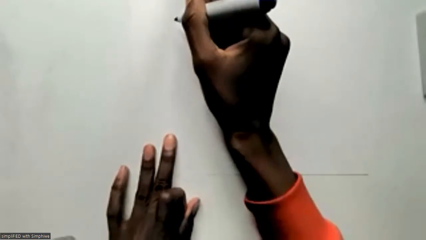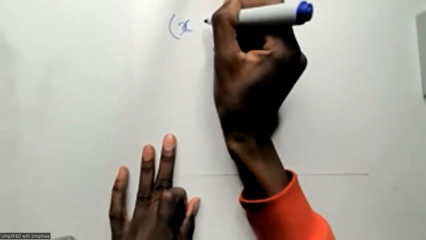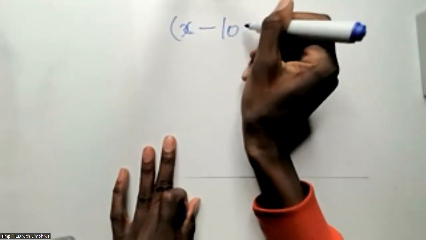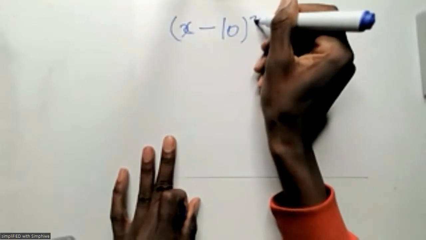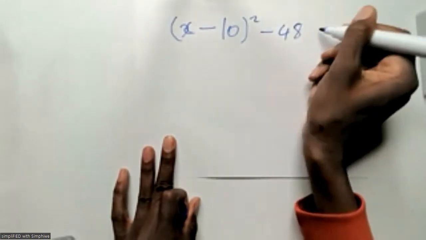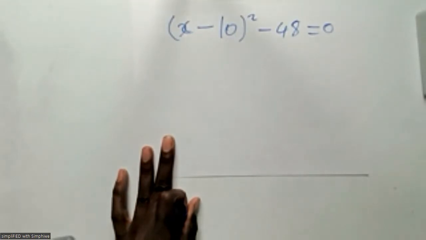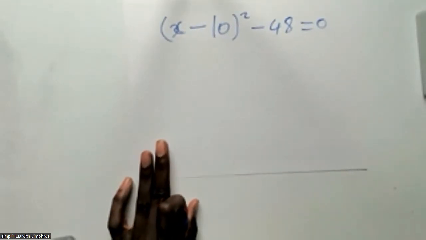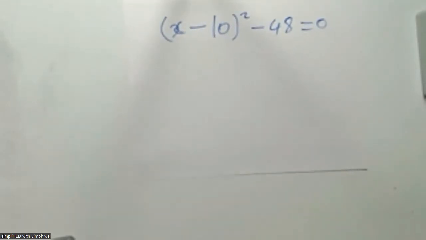Let's move on to the next question. The next question we have: x minus 10, squared, minus 48 is equals to 0.